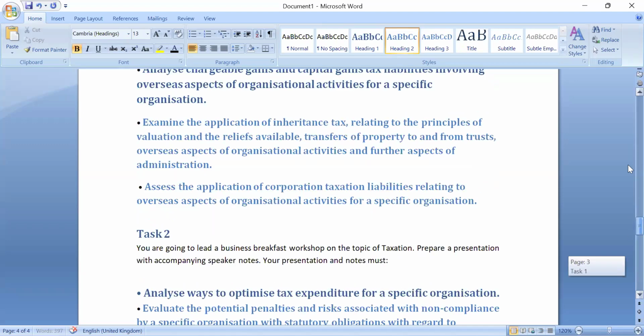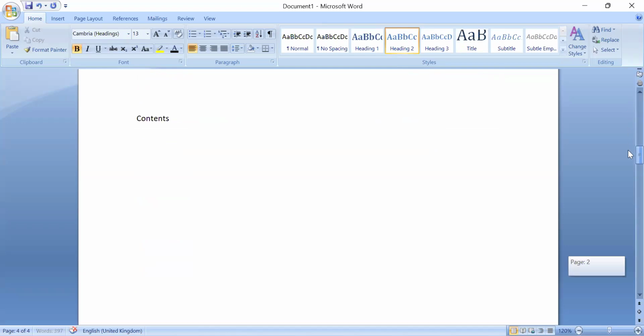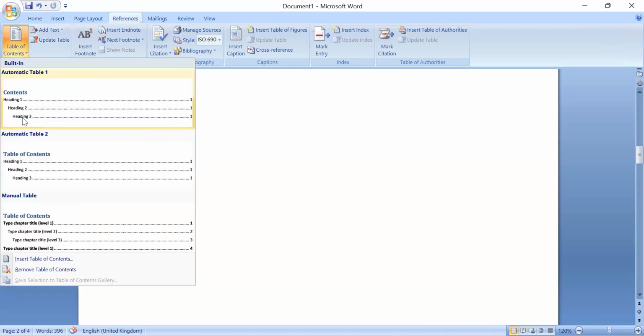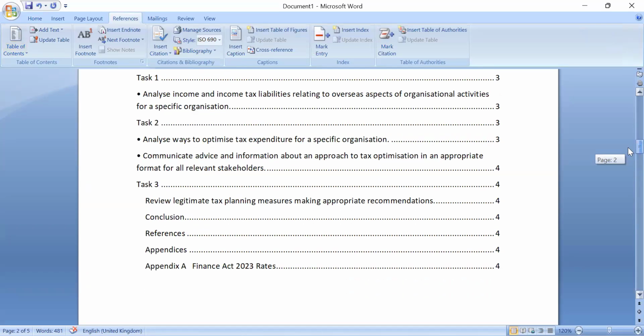When you finish, go to References on your left hand side, called table of contents. Click it, and it will create the table of contents for you. So you will see that's the way we can structure and do our assignment accordingly.